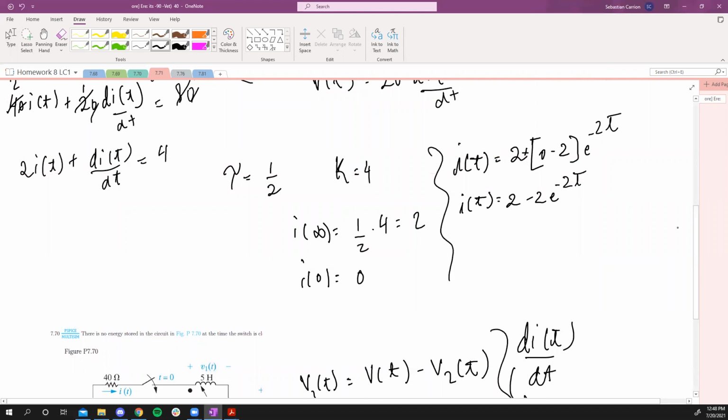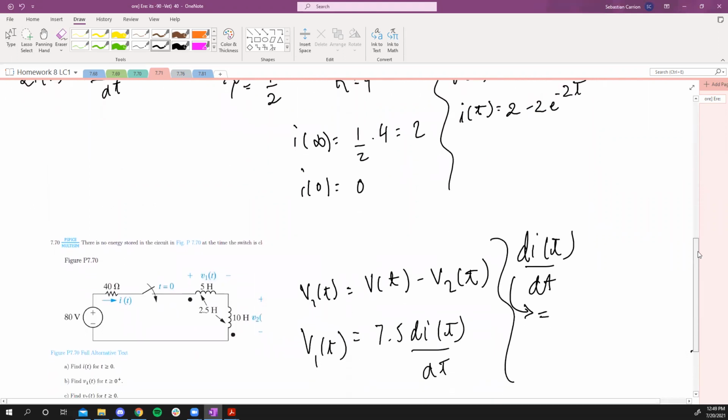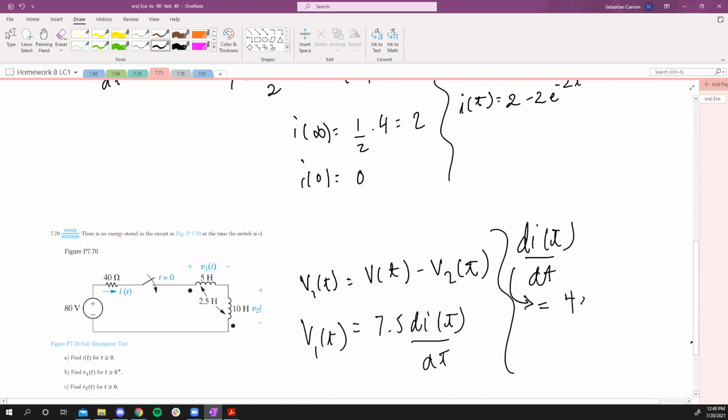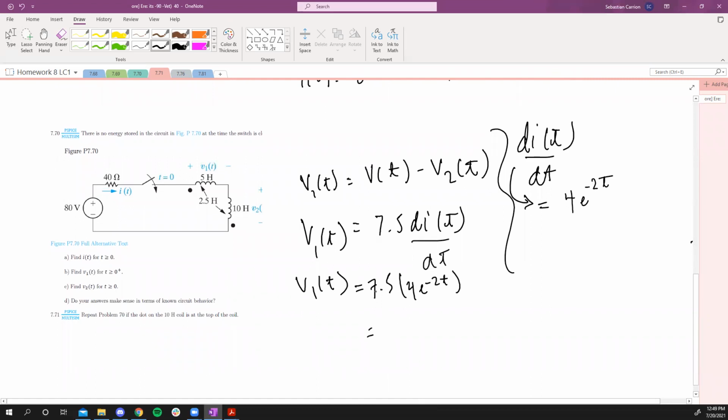We take the derivative of this, so we get negative 2 times negative 2 e to negative 2t, so it would be 4e to negative 2t. So 7.5 times 4e to negative 2t is 30 e to negative 2t.